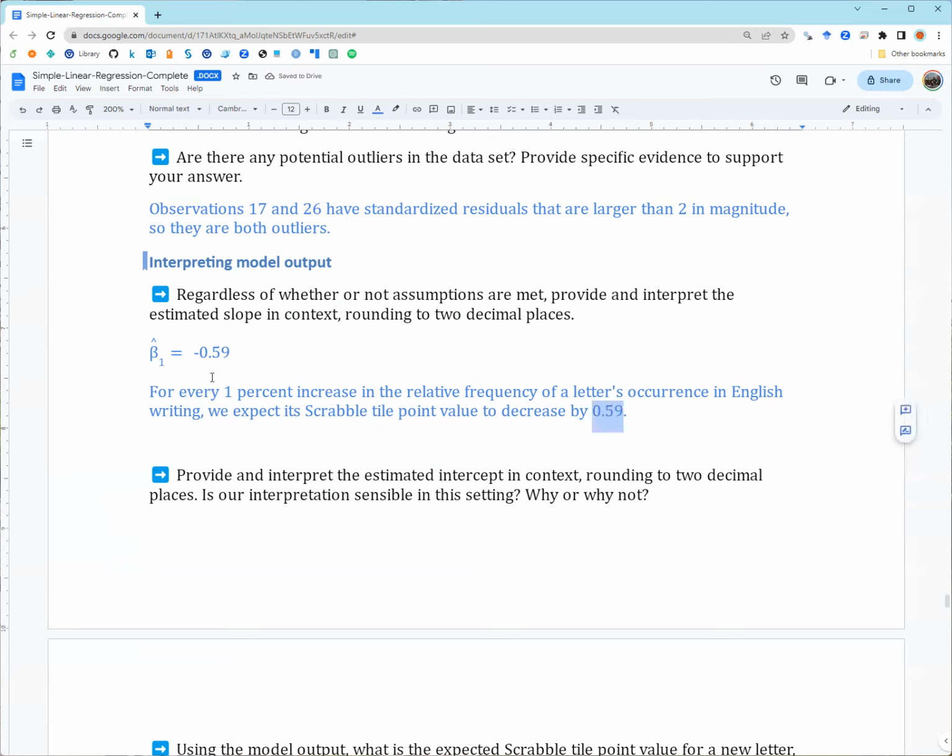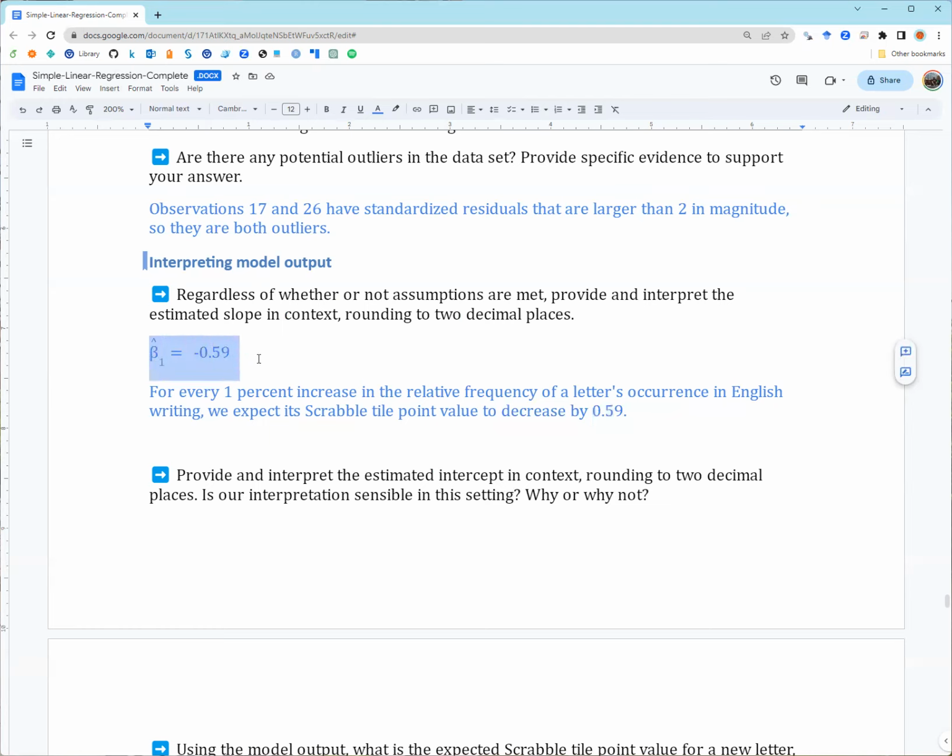So we want to exclude negative numbers from interpretations for the most part, and we just say decrease by this amount instead. So we never want to have a negative number in a slope interpretation. Okay.